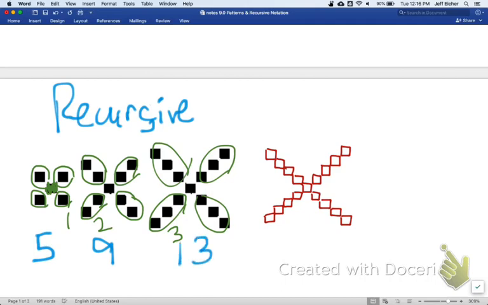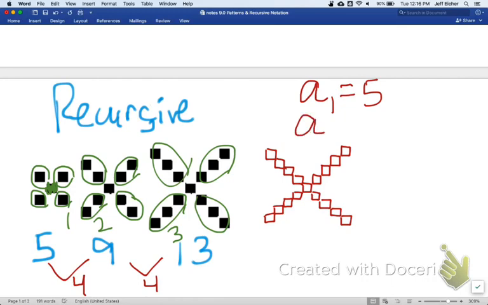So it looks like our recursive formula is changing by 4 each time. So if we were to write our recursive formula, we write where we start. Our first term has 5. And then any nth term that we want, we're going to take the term before it, a sub n minus 1, and we're going to add 4 to that.